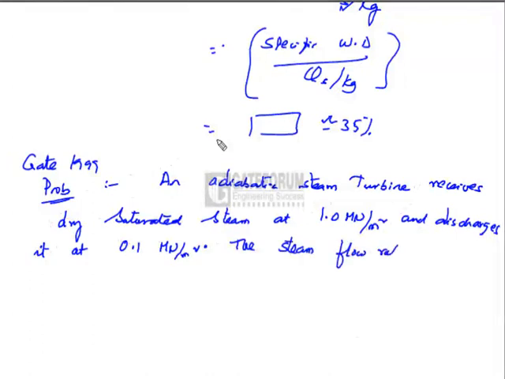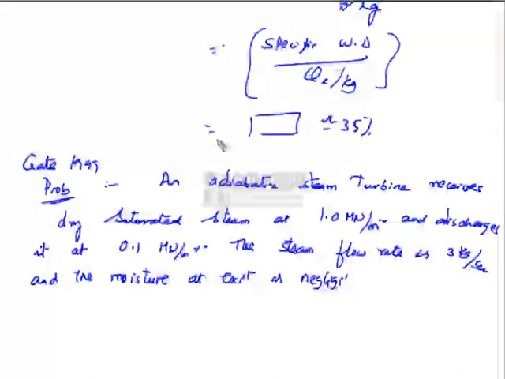The steam flow rate is 3 kg per second and the moisture at exit is negligible.